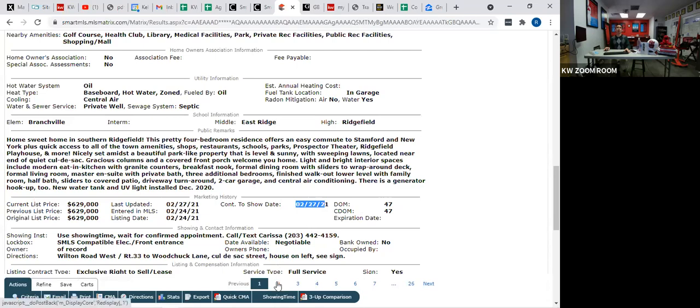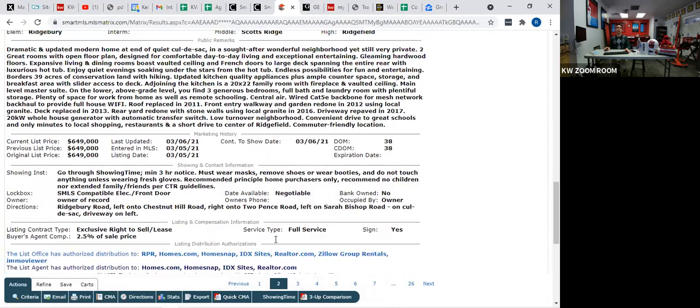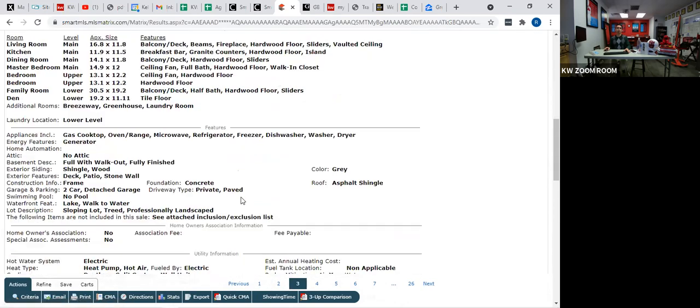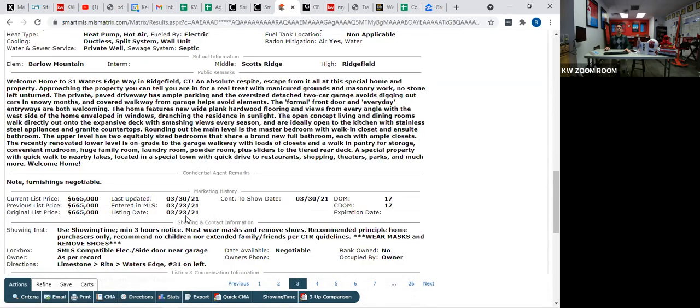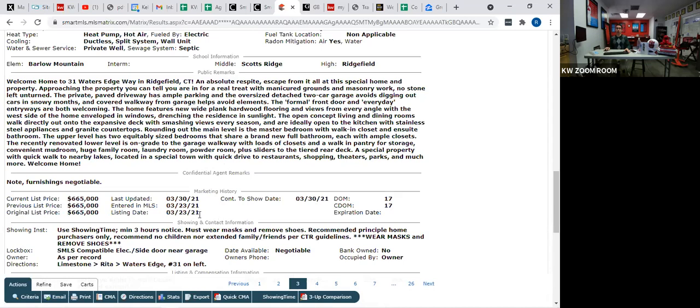And you can go one by one through each of those properties. This came on the market on March the 5th, was under agreement by March the 6th. Next one came on the 23rd. Oh goodness, this one took forever. It was under agreement 6.5 days later. 323 to 330. You see where I'm getting this information, right? At the bottom of each listing.